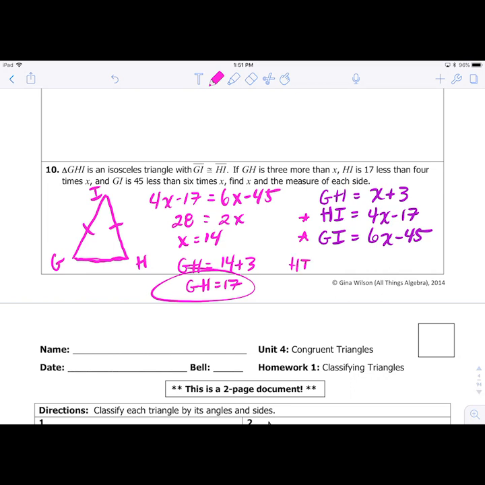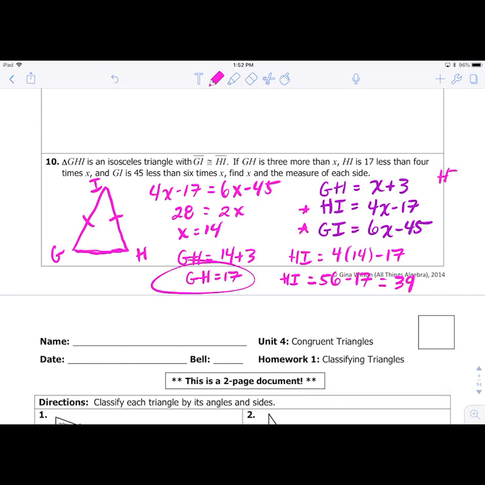HI is going to be 4 times 14 minus 17. Got some calculator work here. 56 minus 17 is 39. So if HI is 39, then we also know GI is 39. All right?